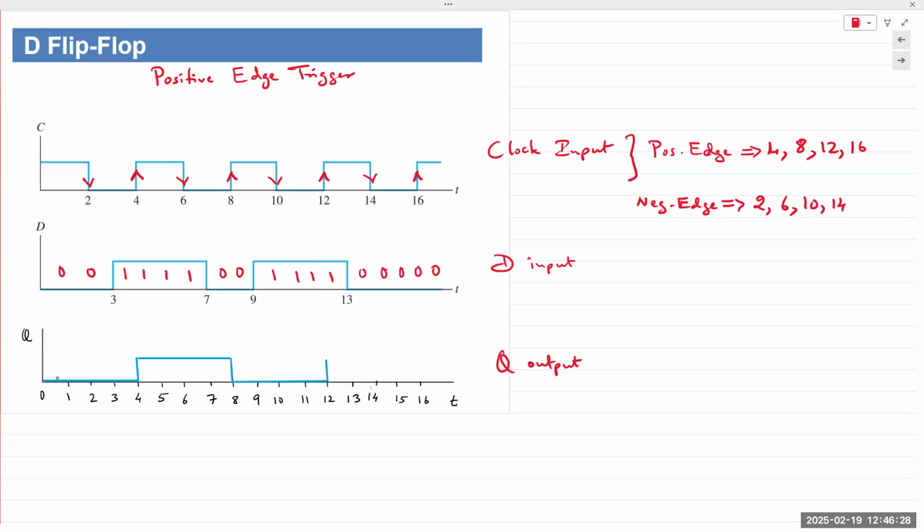The parts are good. And then the next rising edge is at 16. At 16, the value of D is 0. Output comes back down to 0. That's total output. And after 16, we have to stay at 0.